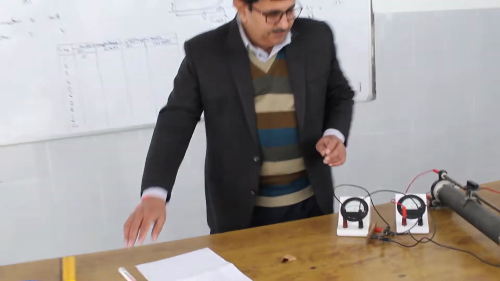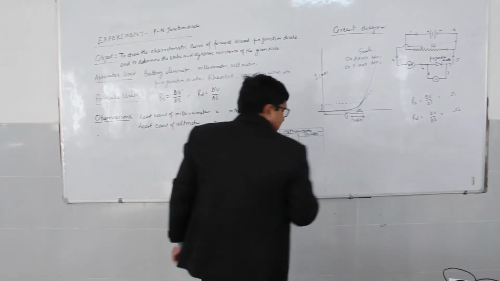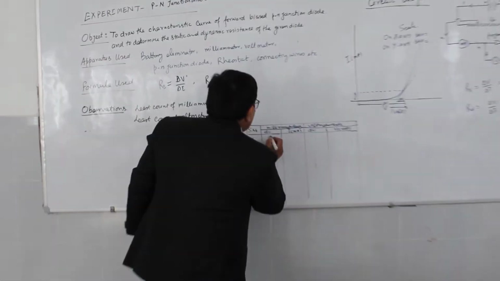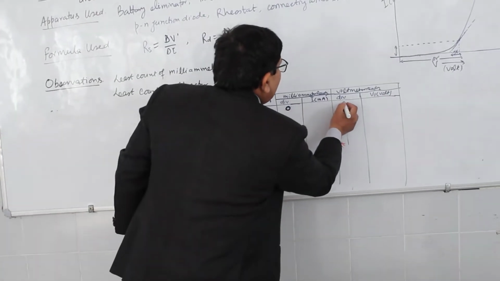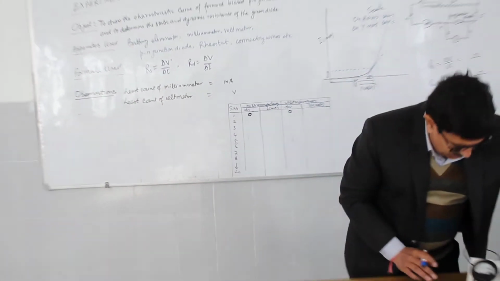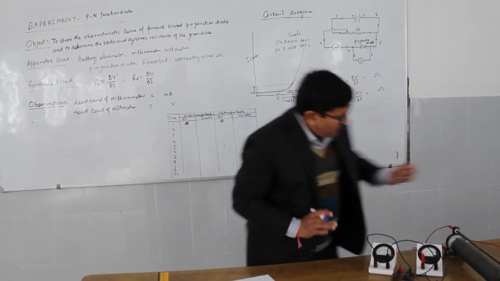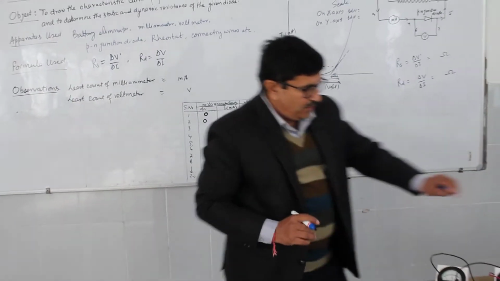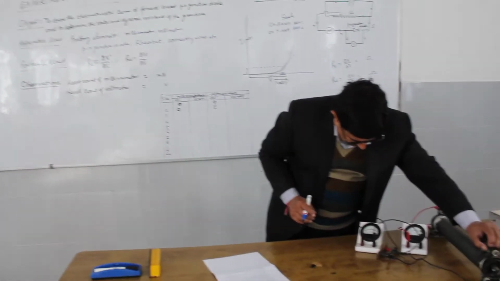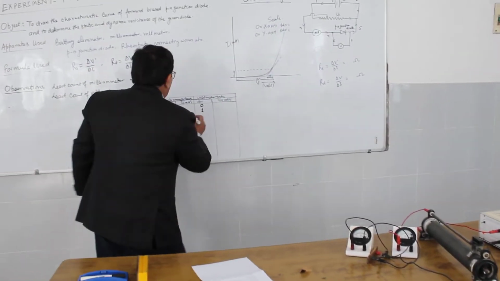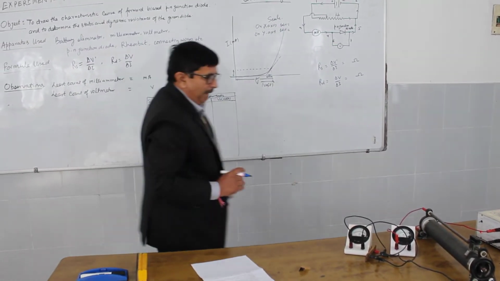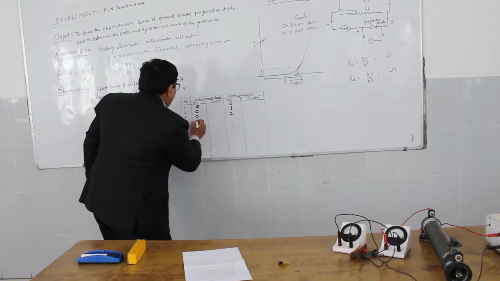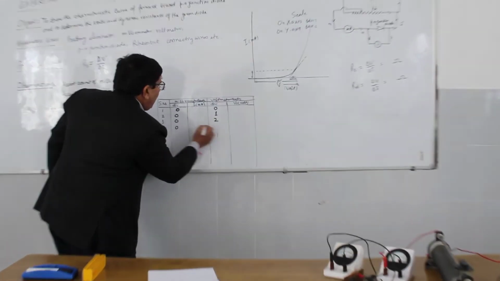As we will record, initially the value of the voltmeter is 0. You record the milliammeter reading with the voltmeter reading. When the voltage is at one division, the current is 0. At 2, it is 0. At 3, it is 0.